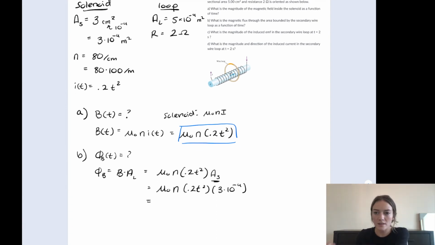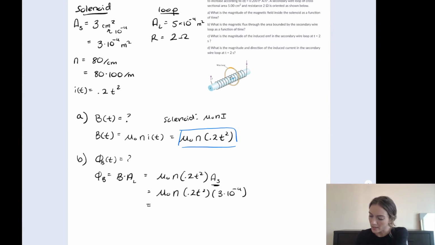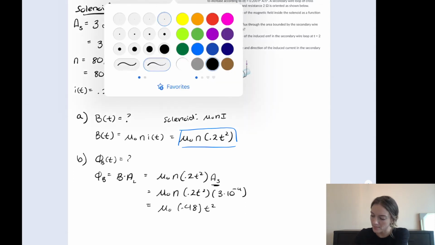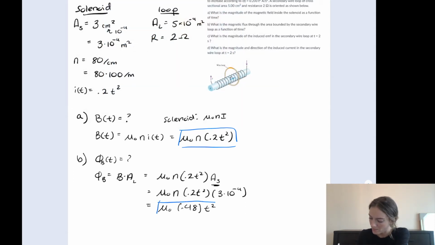If you simplify this a little bit, since now we have a lot of numbers floating around, and you plug in 8 times 10 to the 4, multiply out the 0.2 and the 3 times 10 to the negative 4, you'll end up with mu naught times 0.48 t squared. So that's just a little bit cleaner, but either way you leave it is fine. Okay, so this is our answer. This is our flux as a function of time through that larger solenoid.